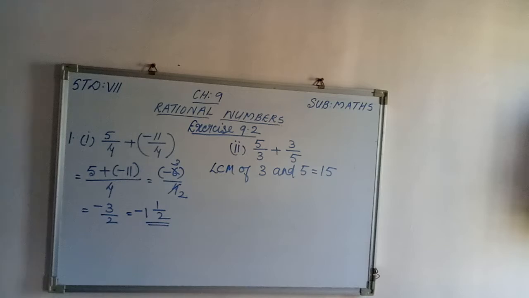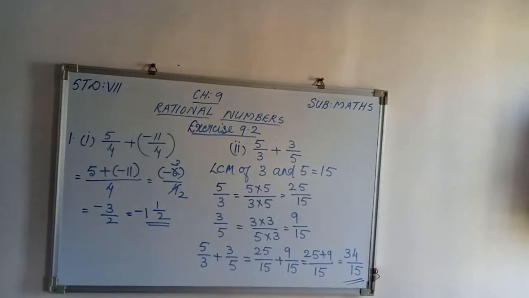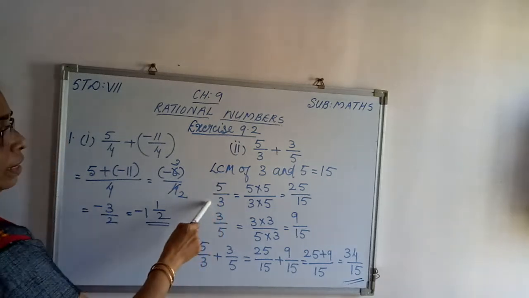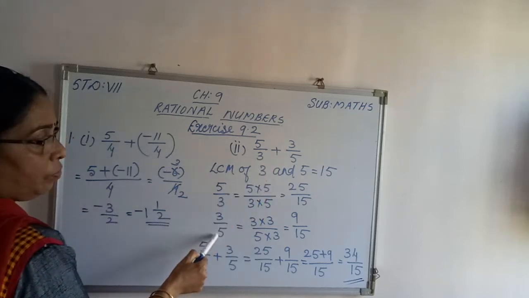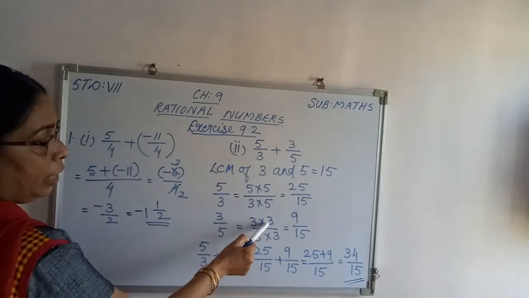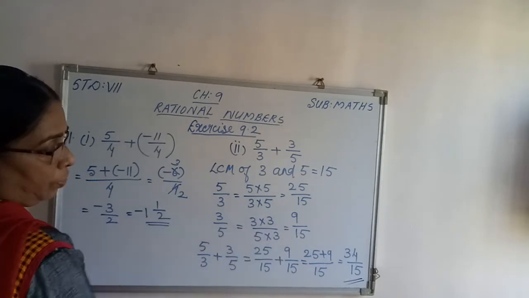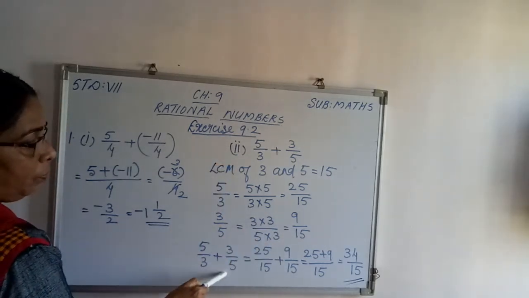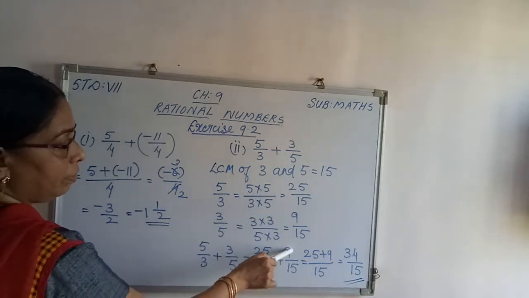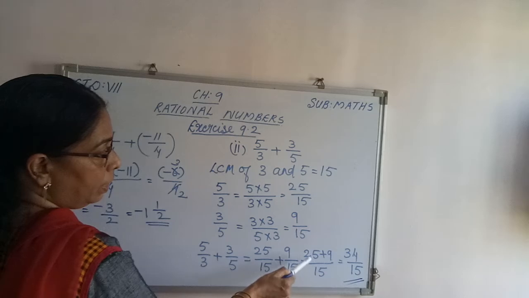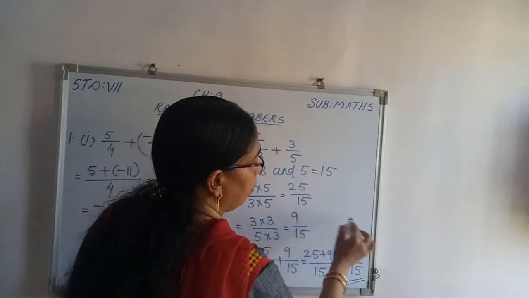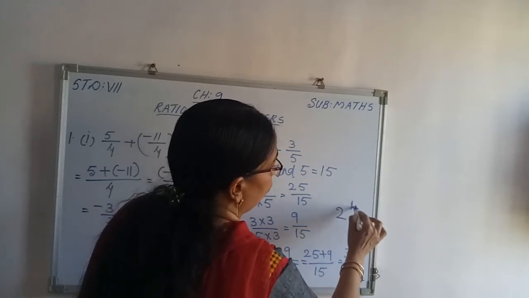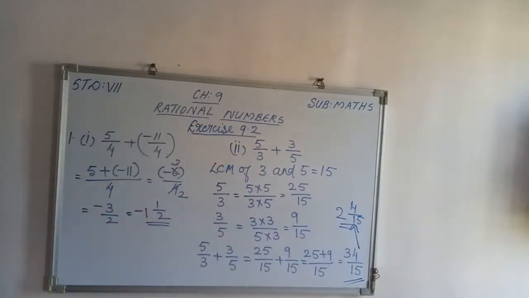Then find the equivalent fractions and then we can add. 5/3 is equal to 5 into 5 upon 3 into 5, which is 25/15. For 3/5, the equivalent fraction is 3 into 3 upon 5 into 3, which is 9/15. So 5/3 plus 3/5 is equal to 25/15 plus 9/15. 15 is the common denominator. 25 plus 9 is 34/15. That can be written as 2 and 4/15. Okay.